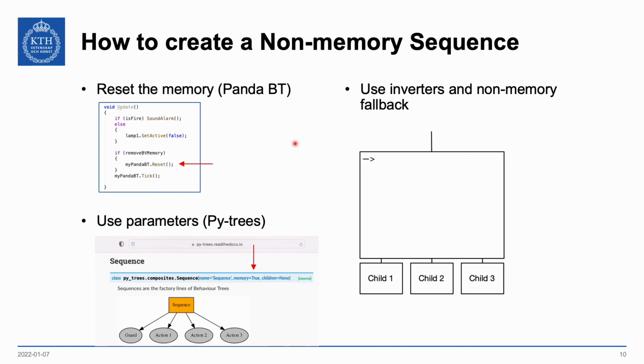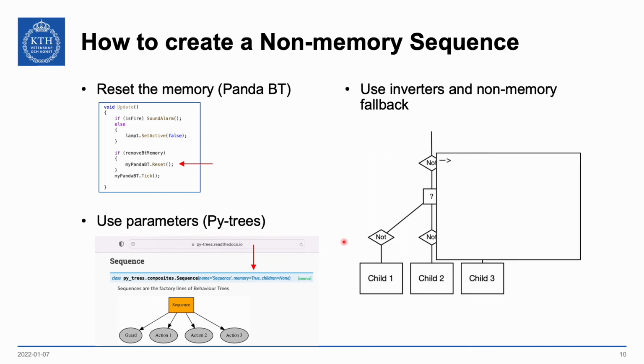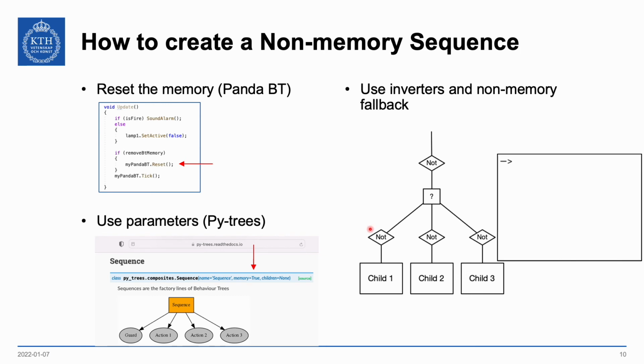If those options are not available, there's a more intricate way of using inverters and non-memory fallbacks to create a non-memory sequence. So this big block here, sequence, actually hides some details of how you can create that non-memory sequence. And the details are as follows.